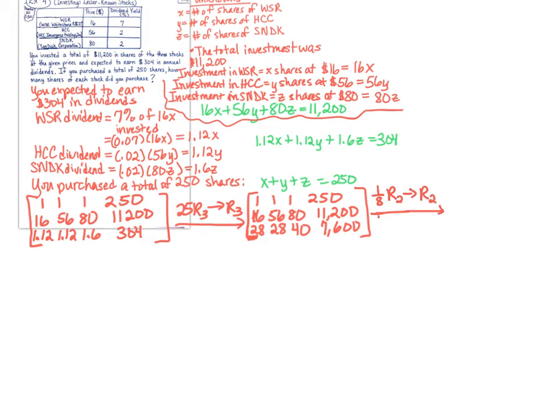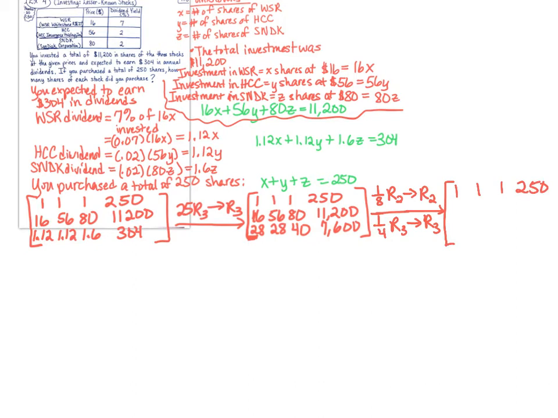And then 1/4 times row 3 to get a new row 3. Row 1 is not going to change. So that's 1, 1, 1, 250.